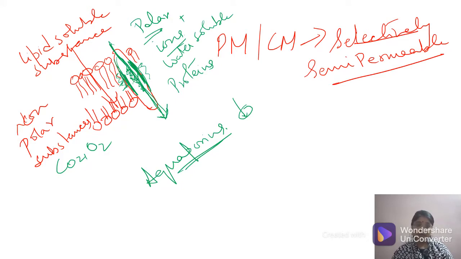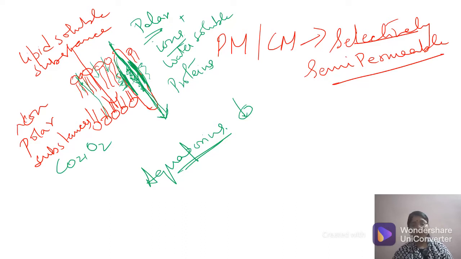Now some amount of water can move through your lipid layer. When these molecules move, they create a space in between, and in that the water can pass through. But through aquaporins also, a huge amount of water can pass.